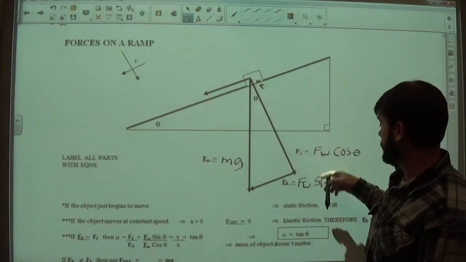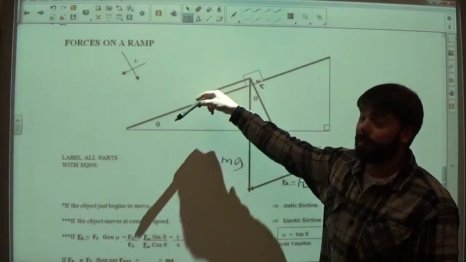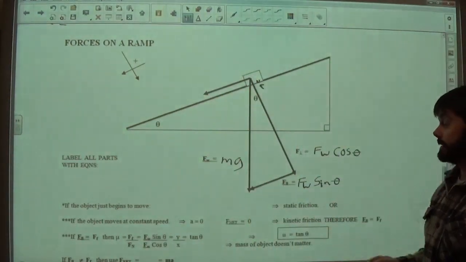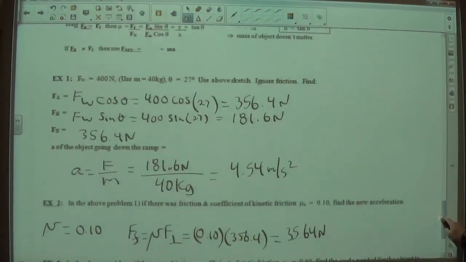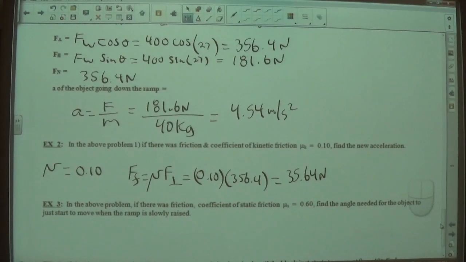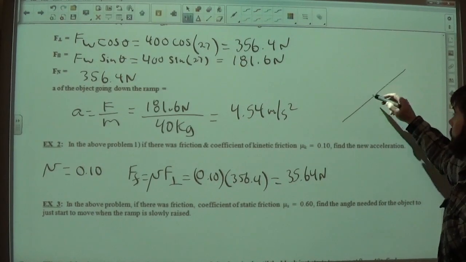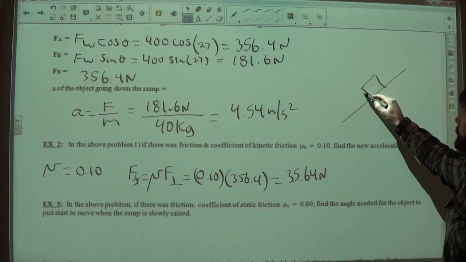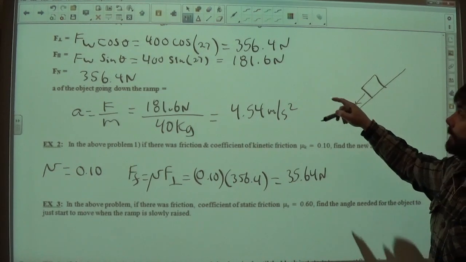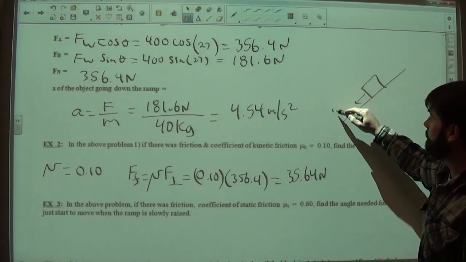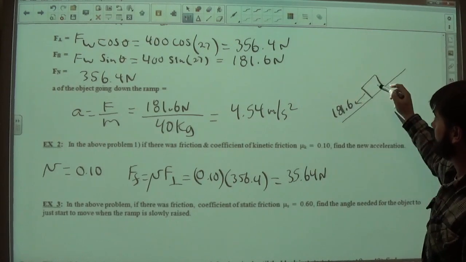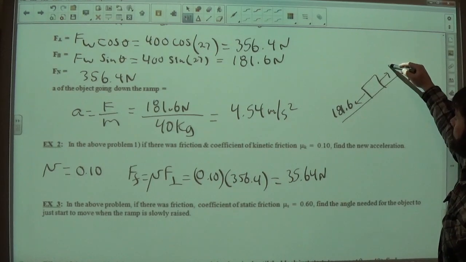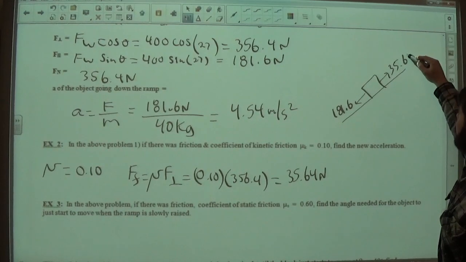If you think of it this way, we have the force parallel going this way, and the other direction now is this 35 that we got. If you think of this like a tug-of-war, we have the force going this way, which we have already said was equal to 181.6, and then going this way we have a small force of 35.64.